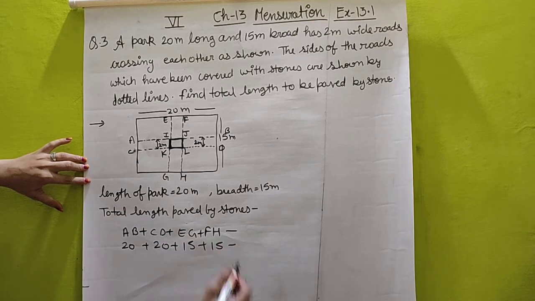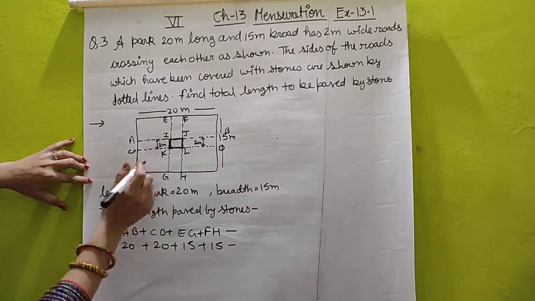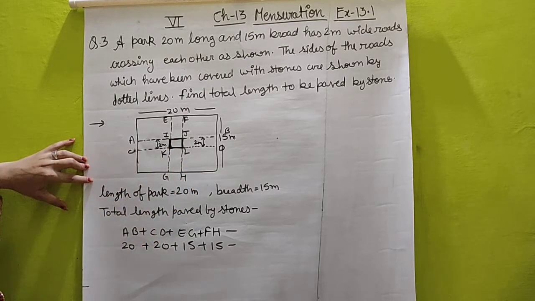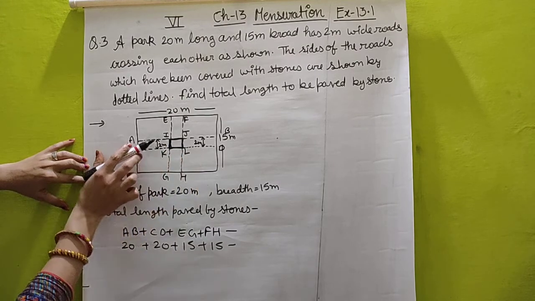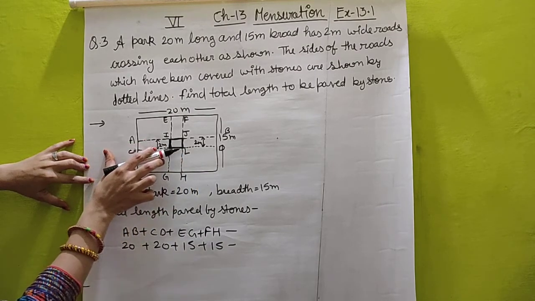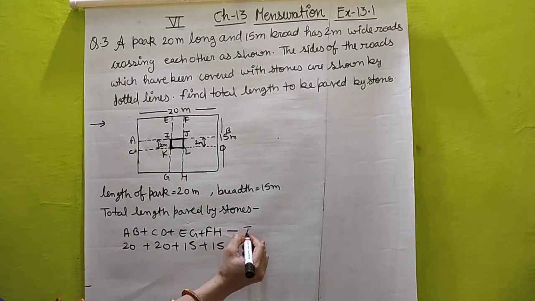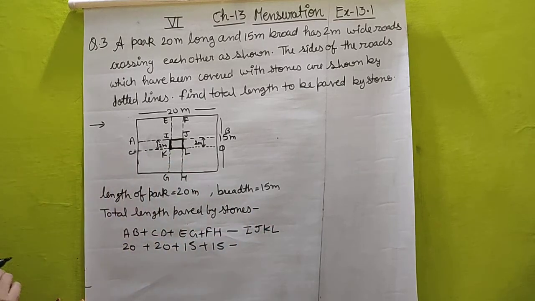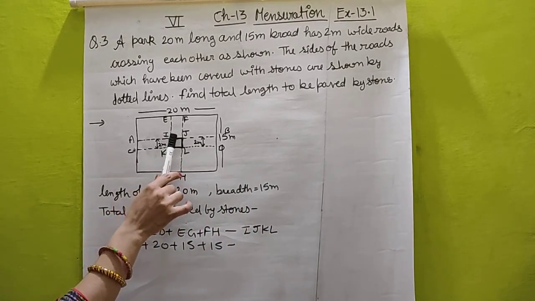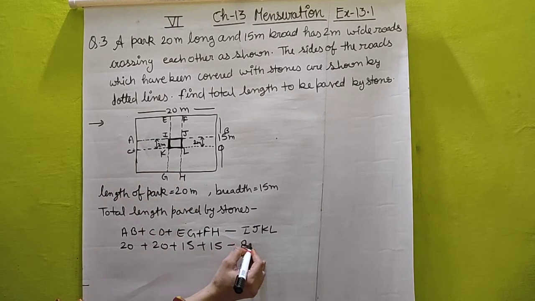But here I have to subtract something, because IJKL does not have a dotted line. It is not part of the road to be paved, and its sides are 2 meter each: 2 meter, 2 meter, 2 meter and 2 meter. So I will subtract IJKL, which collectively is 2 plus 2 plus 2 plus 2, that is 8 meter.